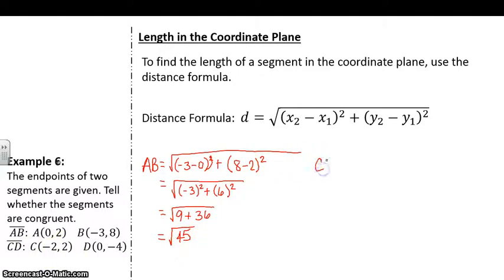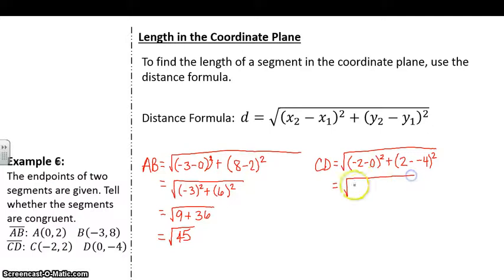Now let's find how long CD is. For my x values, I'll do the other order, since it doesn't matter. So I'm going to do (-2 - 0) squared plus (2 - (-4)) squared.